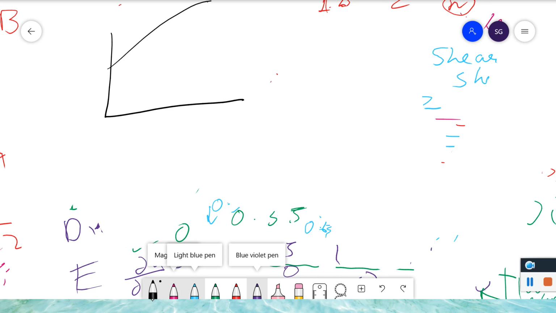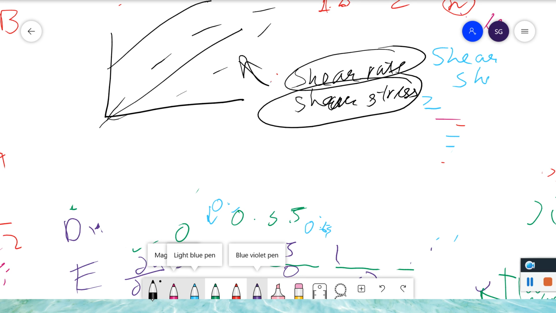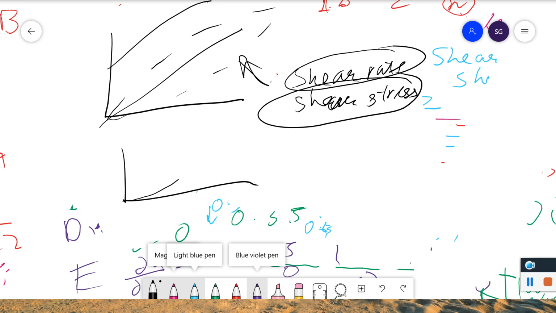This is Bingham plastic, this is Newtonian fluid, no doubt, and this is pseudoplastic, and this is dilatant. So I have said shear rate and shear stress. You can see that there are two graphs like this and this.